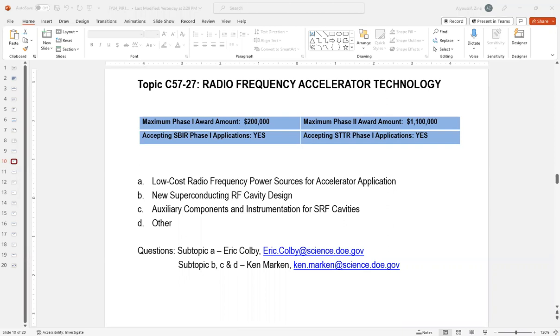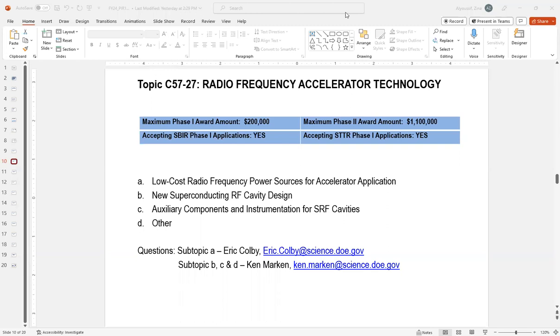So a key need is for cost-effective components, such as those listed in the topic language, that are capable of sustaining higher powers, higher gradient, and higher Q factors than the present state of the art. I will just call to your attention a helpful resource: reference 1 in the topic language, which provides a current high energy physics roadmap for superconducting RF R&D in the United States. So that is what I have for subtopics B and C.